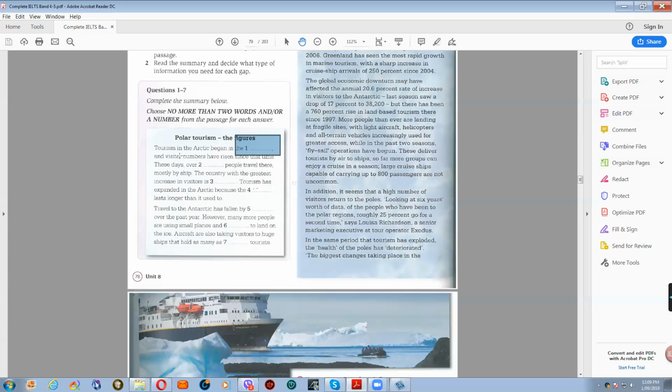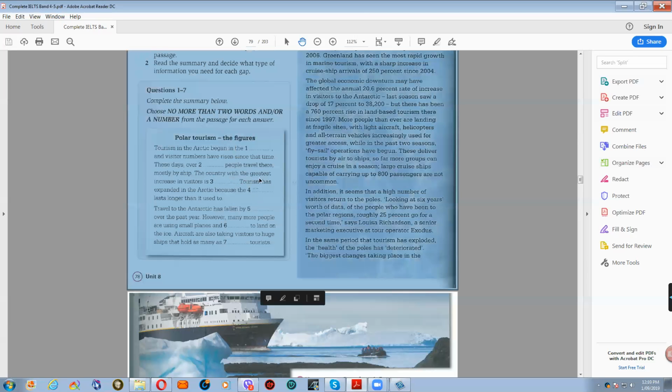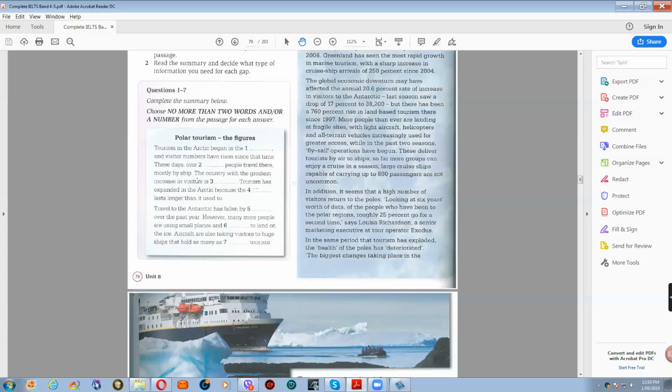What do you think we need for number 2? It's a number. Right, number 3, read the whole thing.